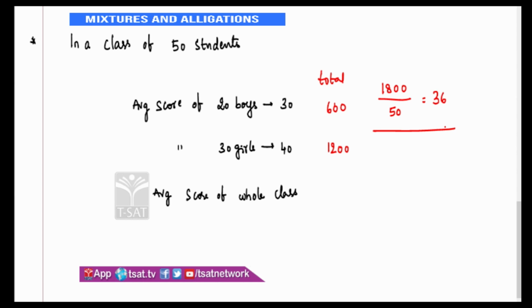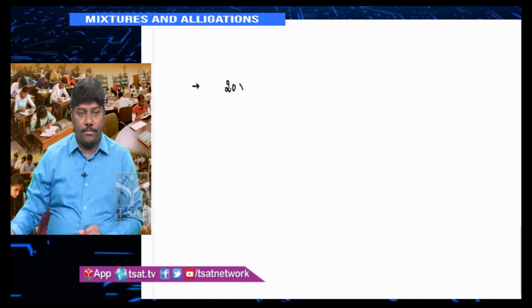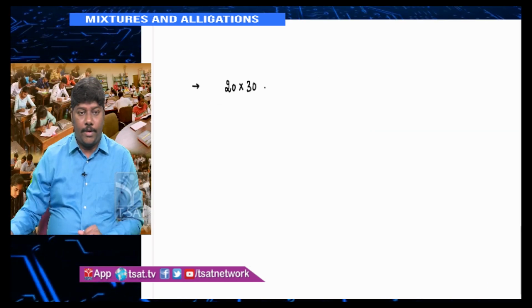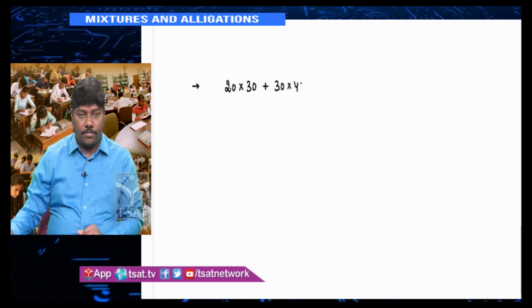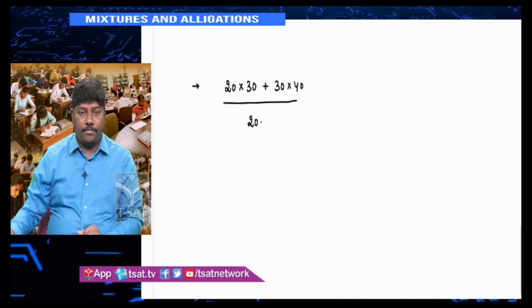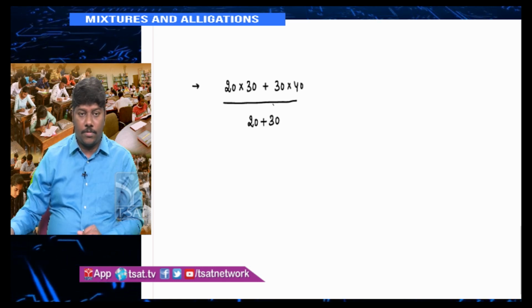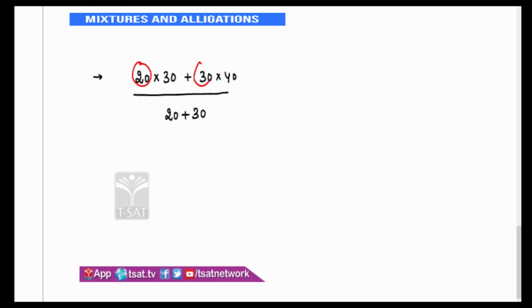This is a very simple form of grouping, but look at the concept behind it. We are multiplying 20 into 30 plus 30 into 40, dividing it by 20 plus 30. Can I take a common factor from this? I can take a common 10.